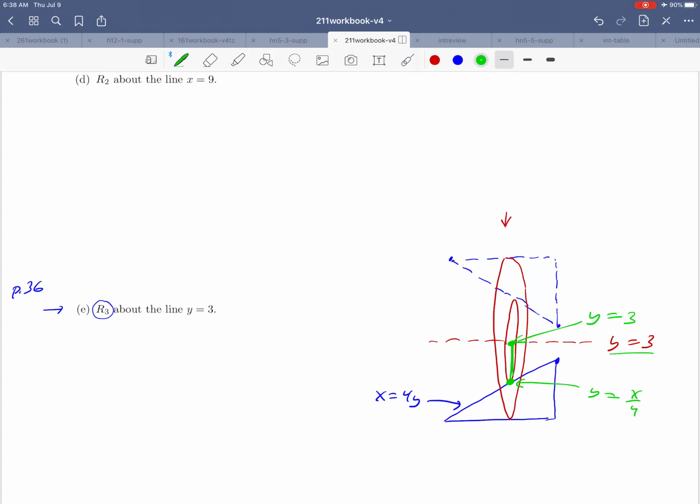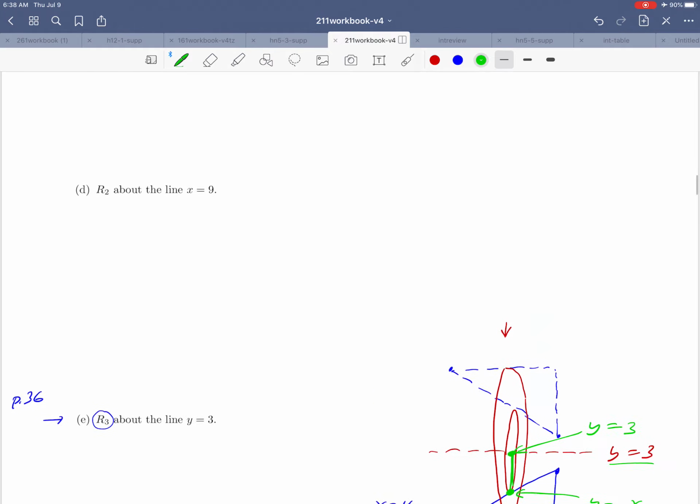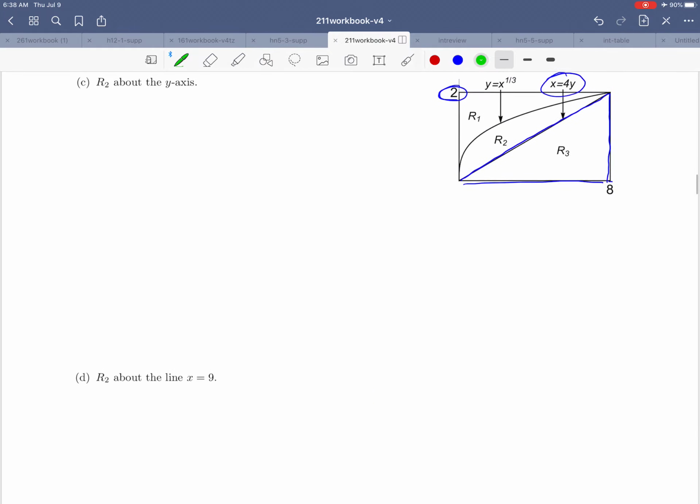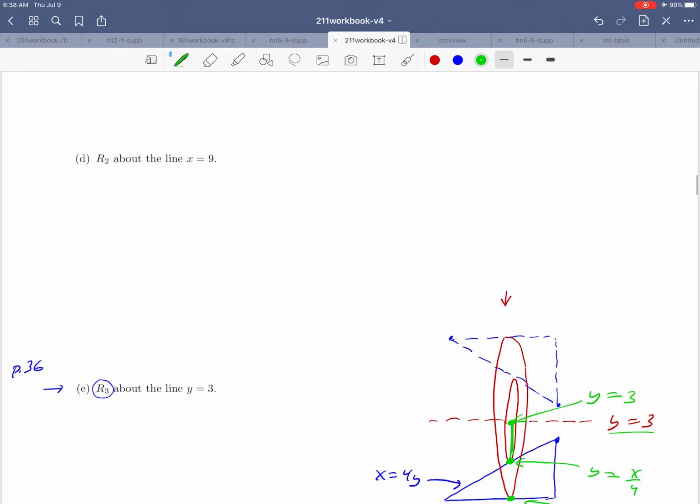Then to find the bigger radius, we're going to be interested in knowing what the y value is down at that bottom point. Let's go up to our picture and see if we can figure that out. The bottom of the triangle is right here, and notice that that's right on the x-axis. That's y equals 0 in our picture.